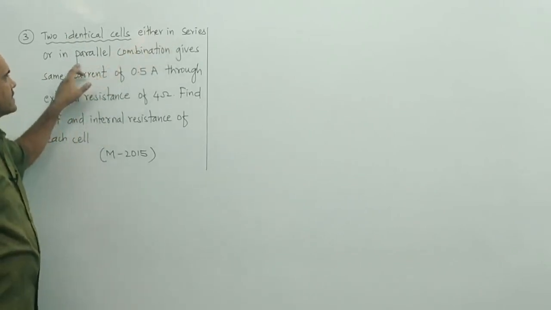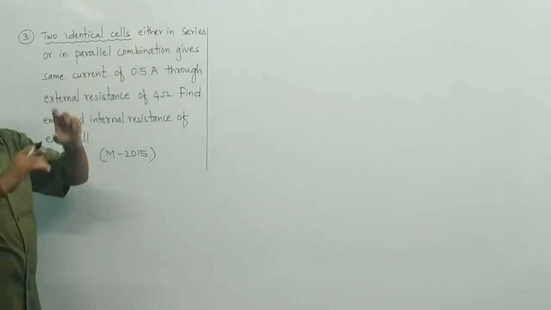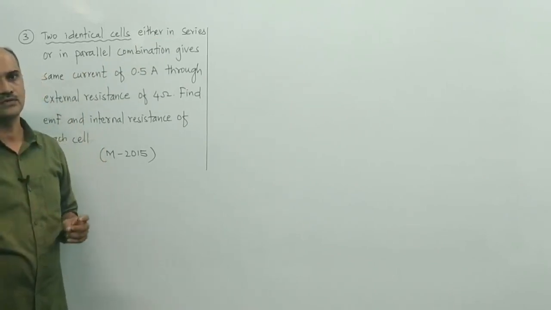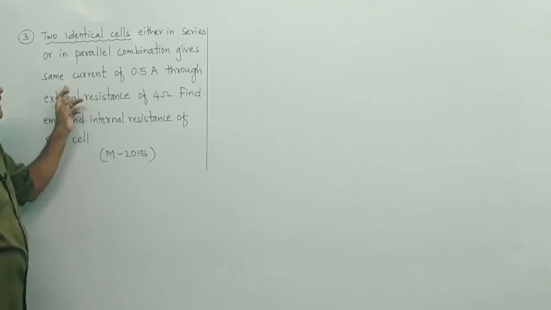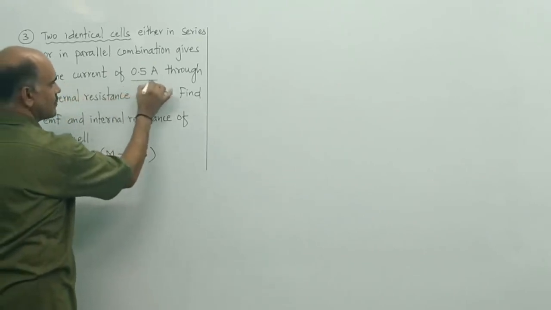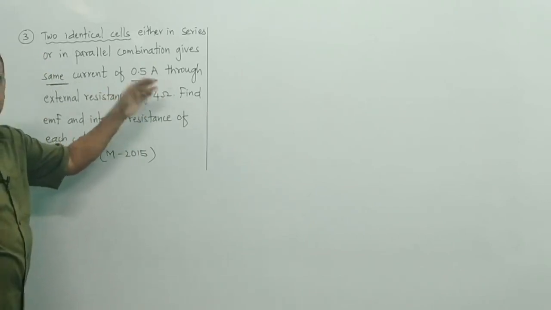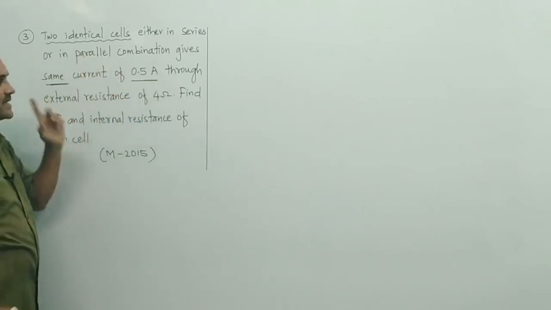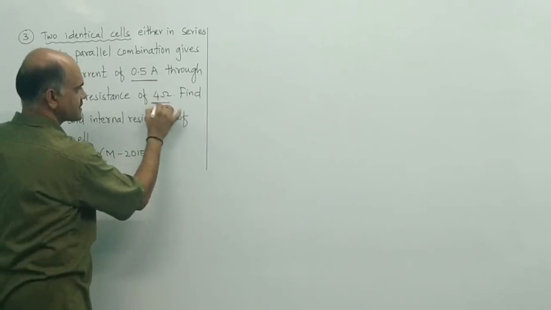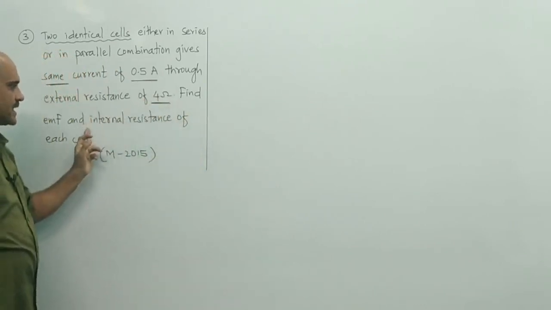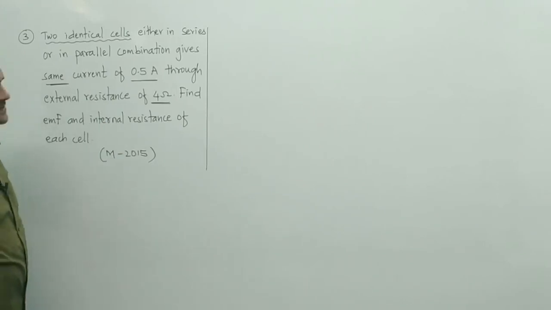Whether you connect those two cells in series or in parallel, they will give the same main current of 0.5 ampere, and the external resistance is 4. You are required to find the EMF and internal resistance.